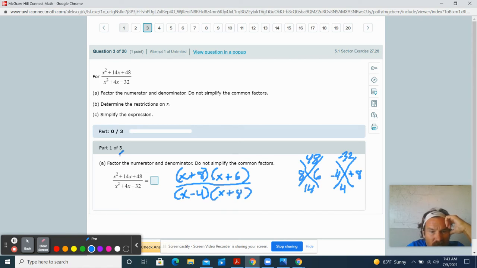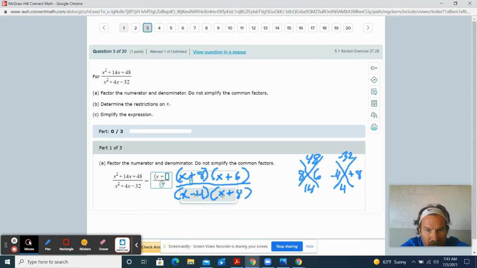Okay, so what they want you to do for part 1 is just type this exactly in. So let me just do that so I can get to part 2. Okay, so x plus 8, so I'm going to use parentheses.